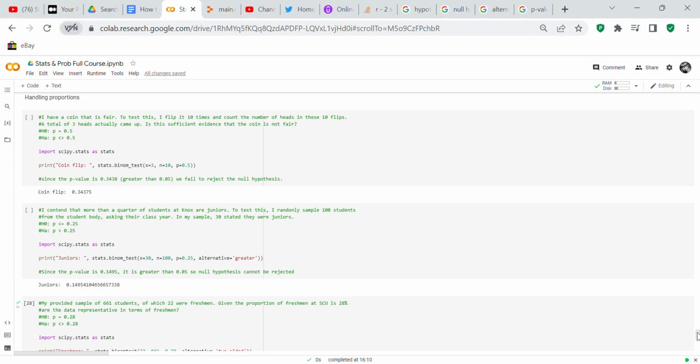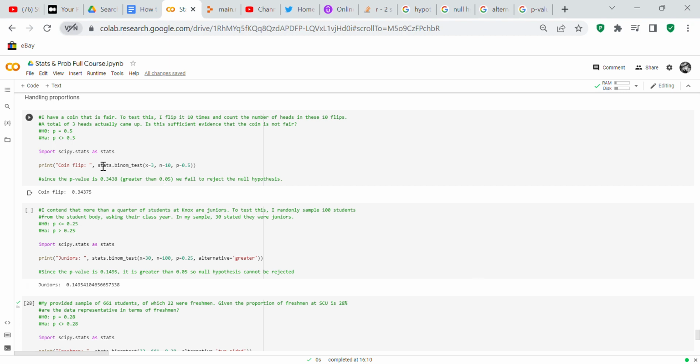Now we're going to come over here to Python, and we're going to do the coin flip in Python, and we're going to import scipy.stats as stats. The formula is stats.binom.test(x = 3, n = 10, p = 0.5), and then it gives us a p-value of 0.34375.